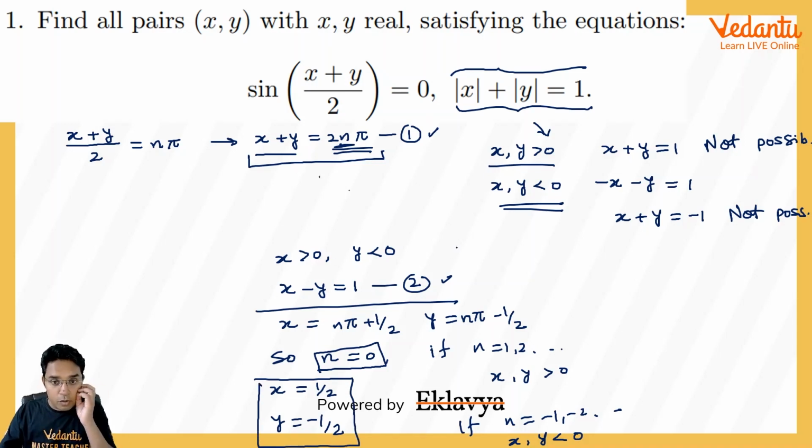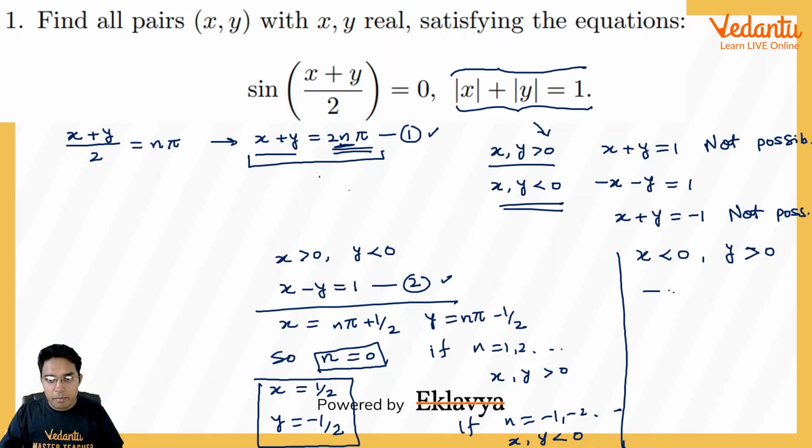Now there is one more possibility, where we may have x negative and y positive. In this case, we will get minus x plus y equal to 1. Let me call this equation number 3. Then solving 1 and 3 together, I will skip this portion, we will get x equal to n pi minus half and y equal to n pi plus half.